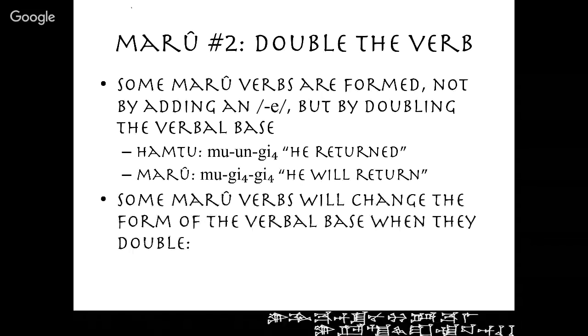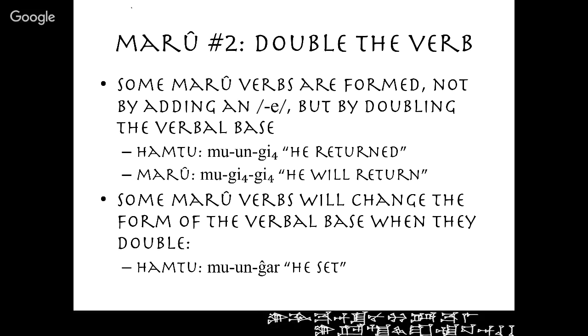There are some Marû verbs that will change the form of the verbal base when they double, specifically for the Marû. So the verb nyar in the Hamtu is mu'un nyar. It stays nyar just like that. He set.